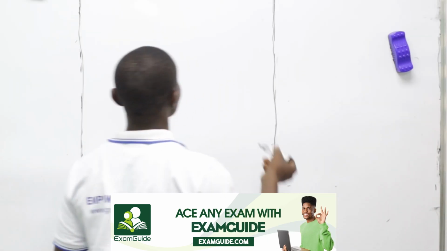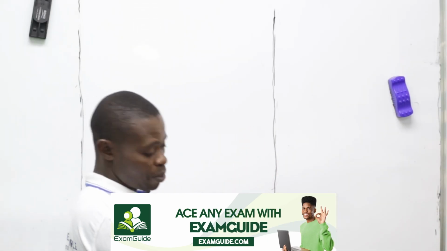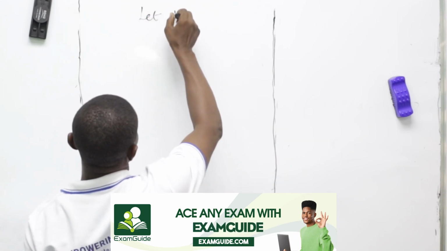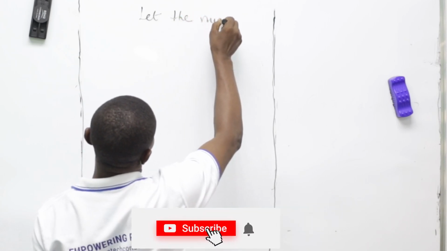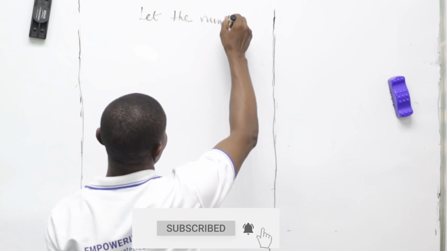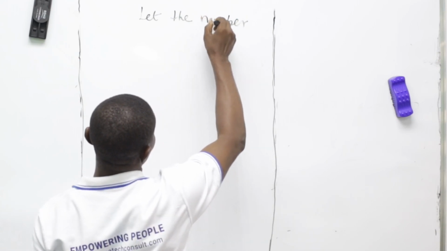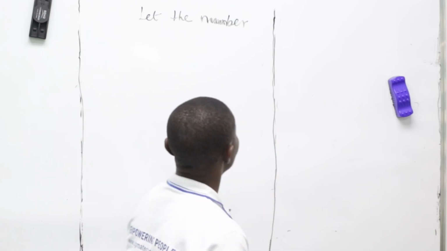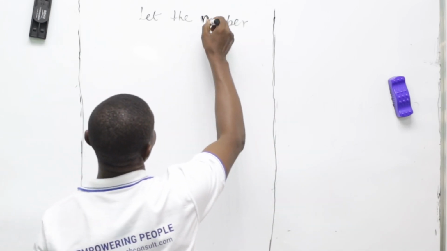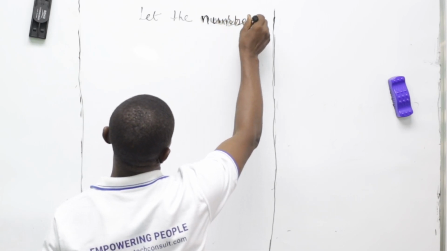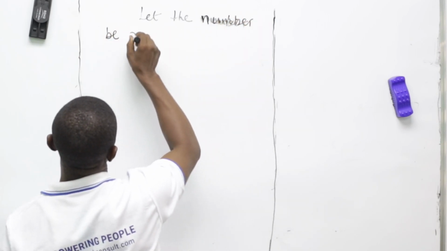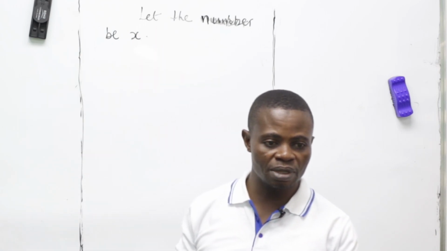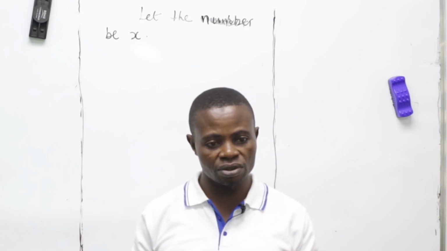If we're to find this number, we don't know the number, so you assume, let the number be x. Come back to the question. From the steps, read out the question loud to yourself.